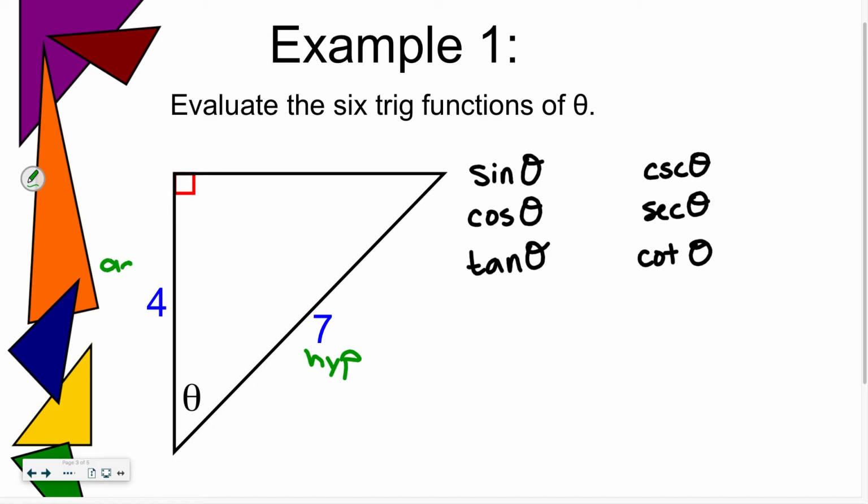This would be the adjacent side. And up here we have the opposite side. Delaney's saying, if I've got adjacent and hypotenuse, I know I can answer cosine, right? So cosine is 4 over 7 and secant is 7 over 4. Done.